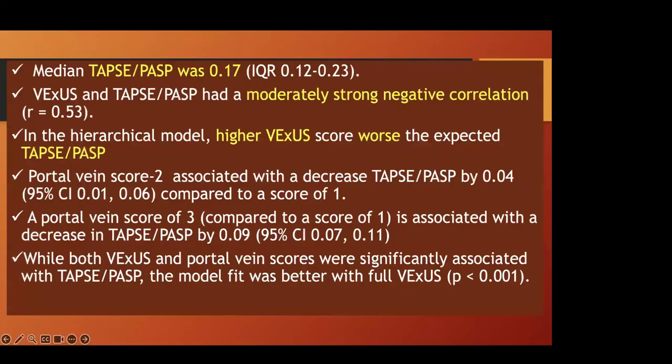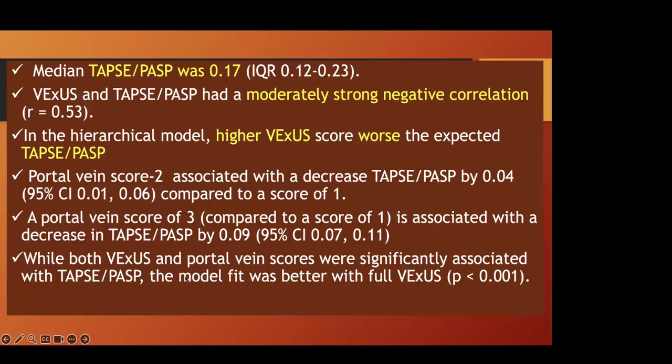And VExUS and TAPC, the RVPA coupling, had a moderately strong negative correlation. And we found that higher VExUS score was associated with worse uncoupling ratio, RVPA coupling ratio. And again, the portal vein score, if you compared between 2 and 3, 3 had much worse coupling ratio.